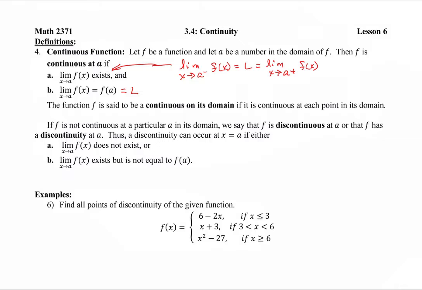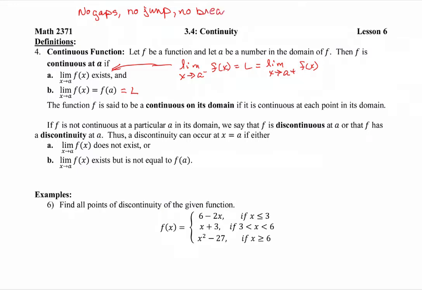Another way to think about continuous is that there are no gaps, no jumps, and no breaks.